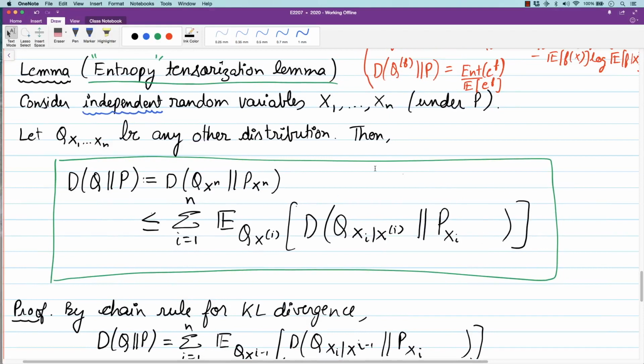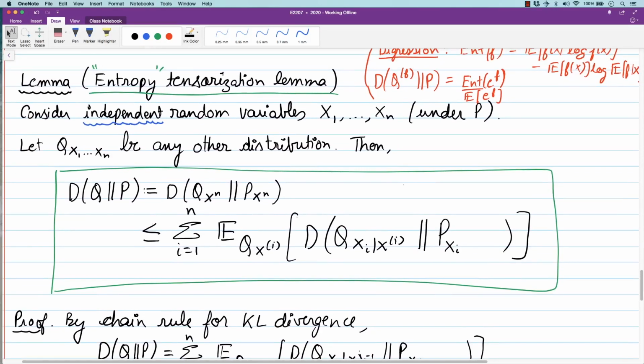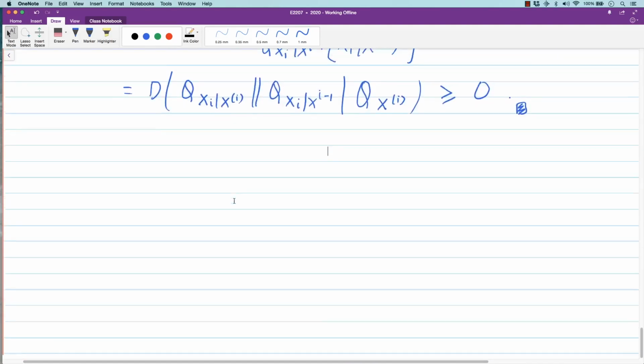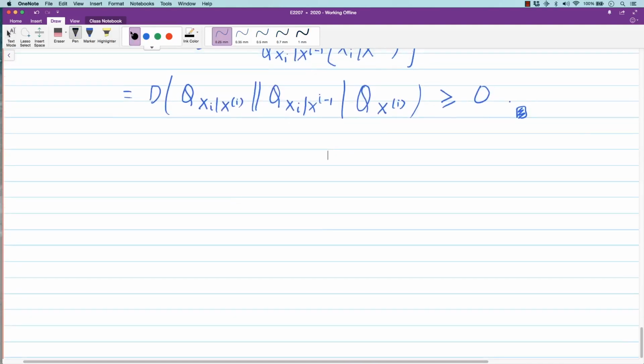So now what we do is we apply this sort of tensorization property of divergence to get a tensorization property of entropy, because we have called this the entropy tensorization lemma. Let's see how we get tensorization of entropy from this. And recall that the definition of entropy for us was expected value of f log f minus expected value of f log expected value of f.